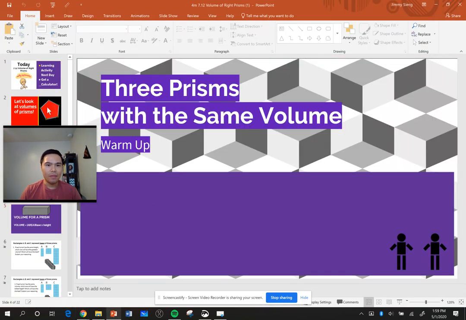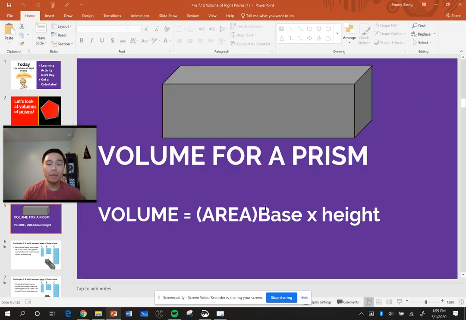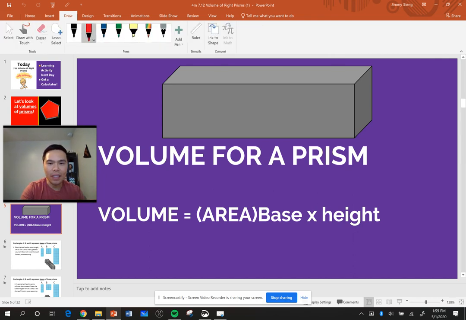All right, so before we get started, let's do a warm up. With that warm up, we need to understand that the volume for a prism is the area of the base. So the base is that flat part times whatever height. Using this prism right here, this is just a really rough sketch, but right here is the base.